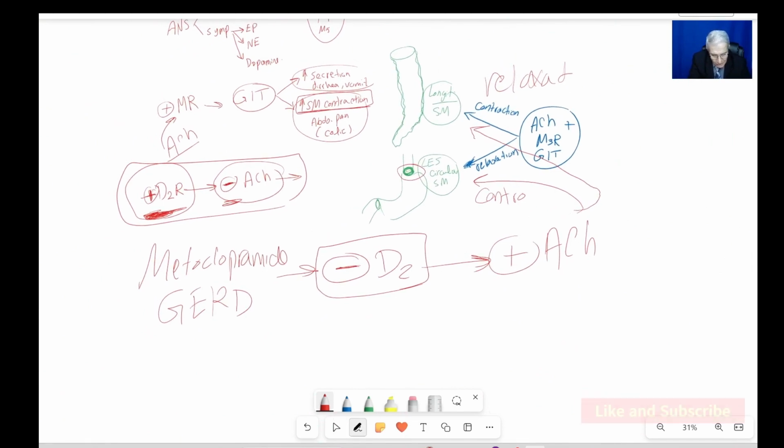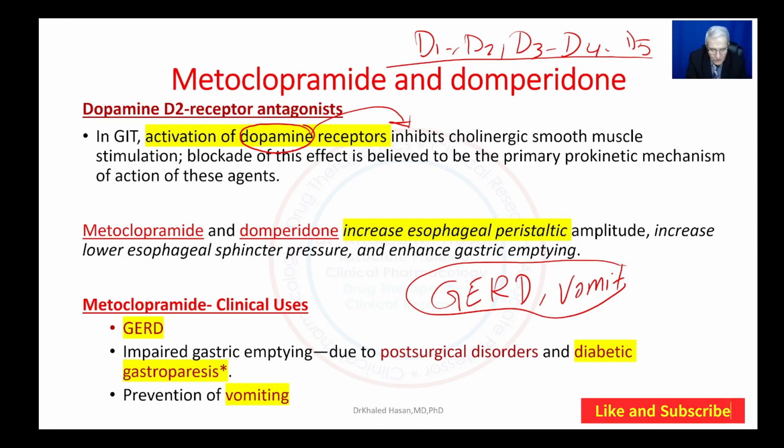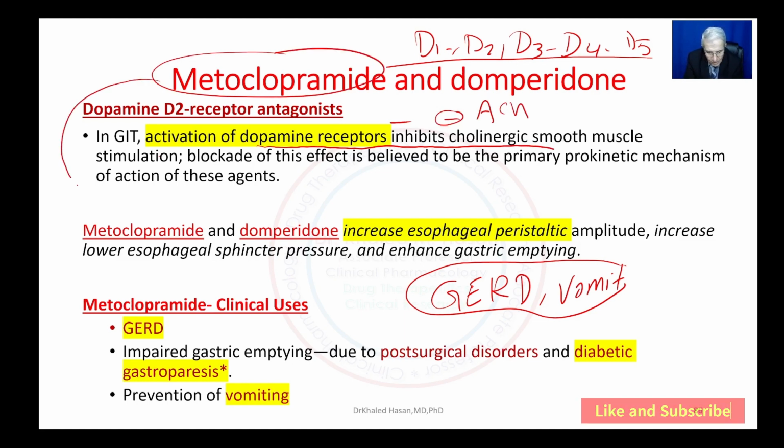I will go back again to the slide to show you what we have. You can see here, in a normal healthy subject, dopamine inhibits cholinergic activity. Dopamine inhibits acetylcholine. This is normal. But metoclopramide blocks this effect, and the result will be the opposite: enhanced acetylcholine.